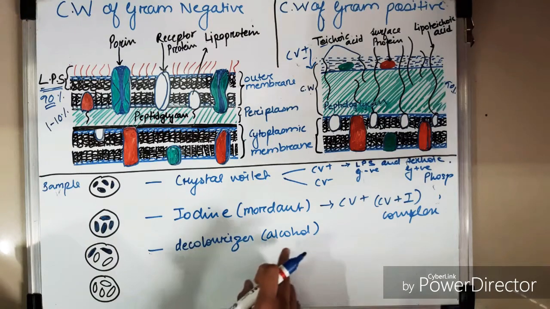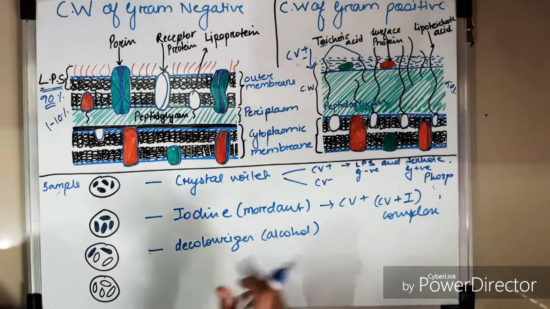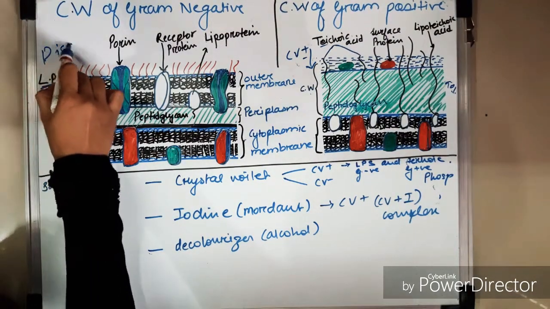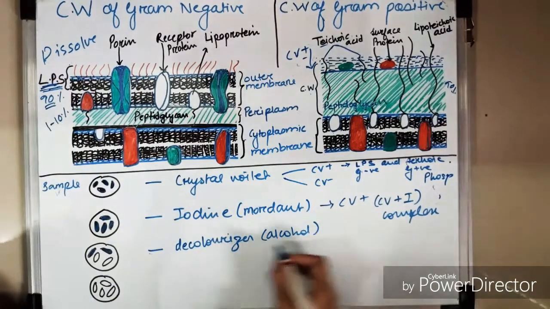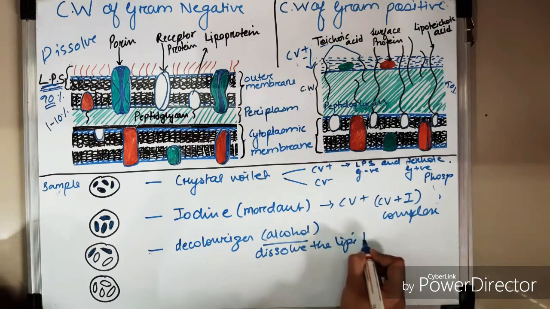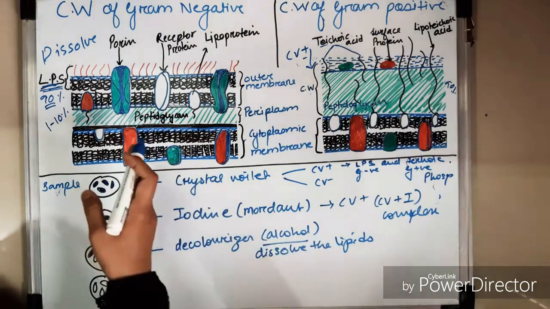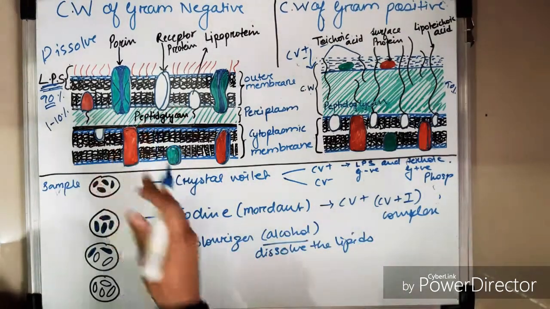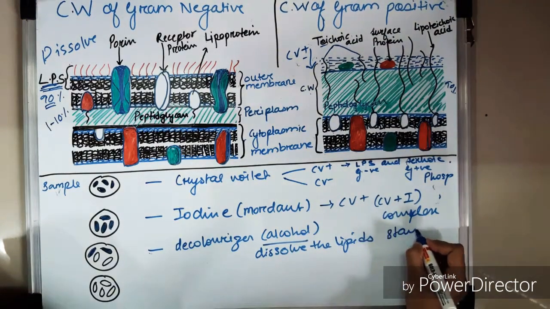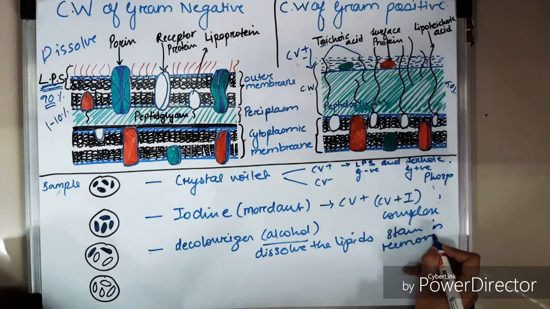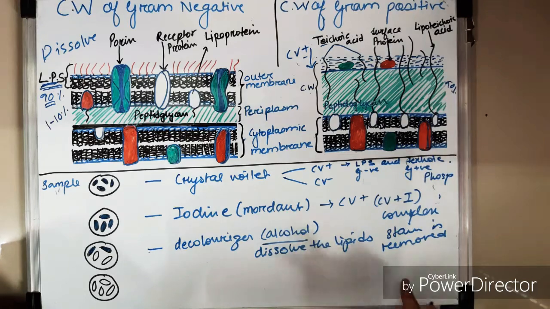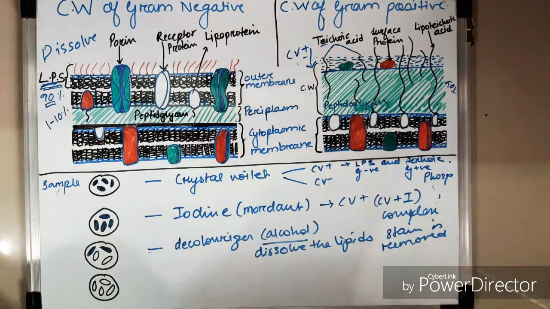When a decolorizer such as alcohol is added, it interacts with the lipids and dissolves the lipid layer. The percentage of lipid is higher in gram-negative bacteria, so it dissolves the lipid layer. When the lipid layer is dissolved, obviously the stain is removed. The stain gets removed, so there is ample space for the counter stain to be accepted.